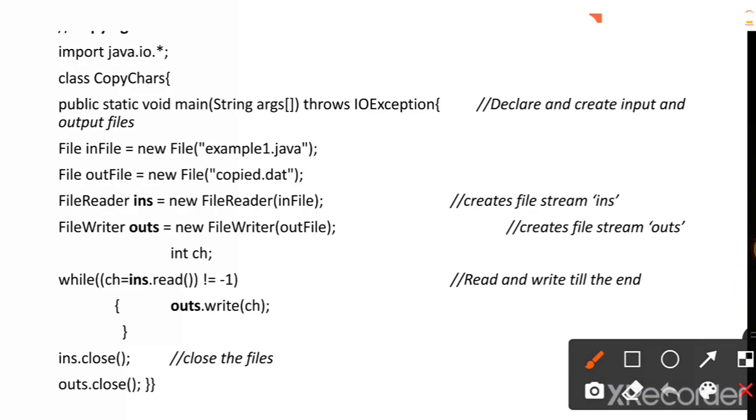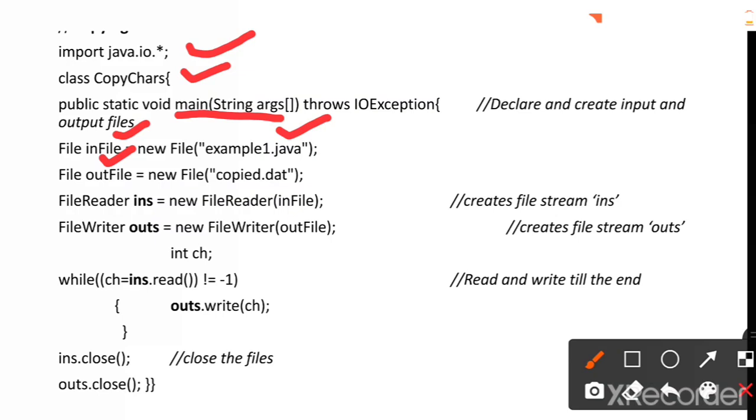Because we are performing input output operations on files, it is necessary to include the IO package of the Java standard library, and then I'm creating a class with the name CopyChars, and within that class I'm declaring a main method, and then I'm creating two file objects, and linking files to the file objects.